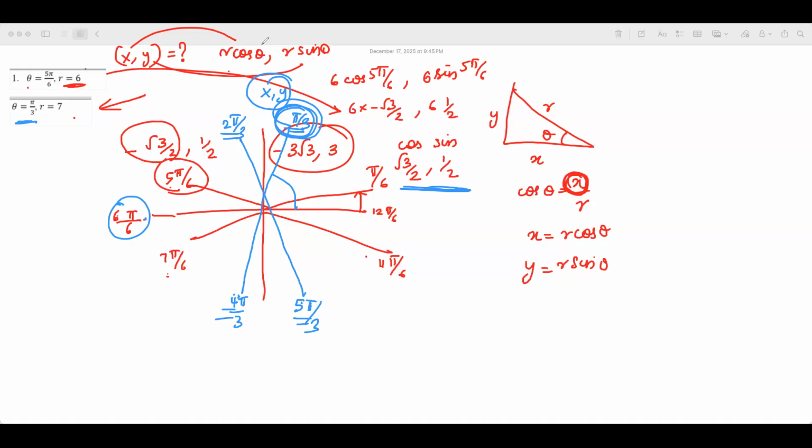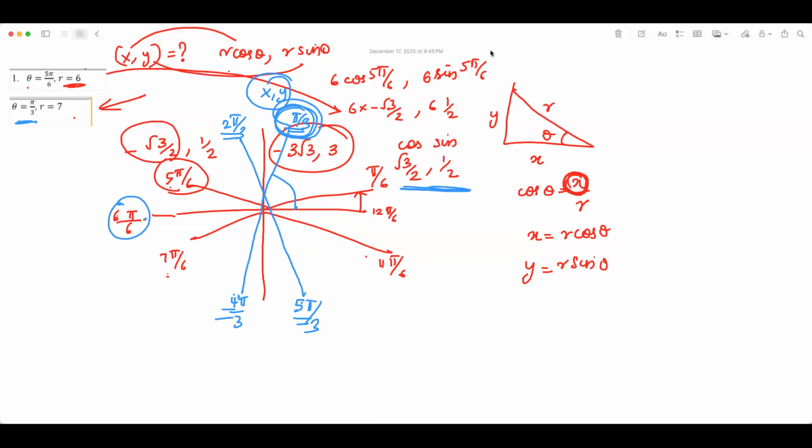What is cos pi by 3? Please take the unit circle, Google it out. Shri, what is cos pi by 3? Please check the unit circle and then answer.